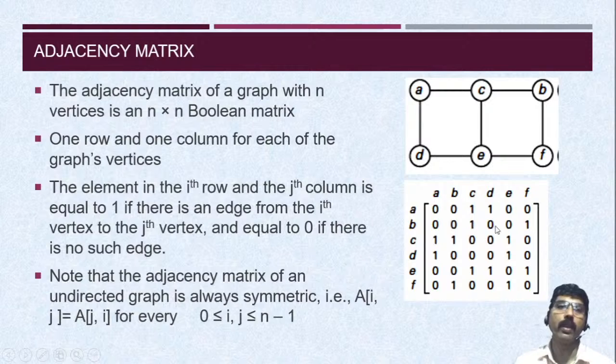If we have n vertices, we can create an n by n matrix. Here one row and one column is given to one vertex. For example, see here, this column and this row are given to A.